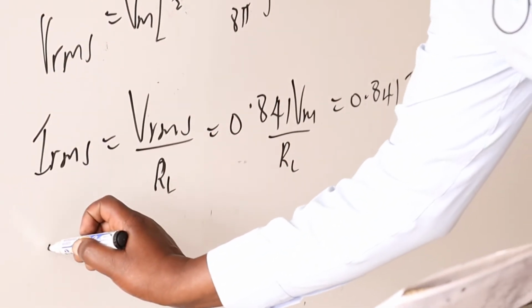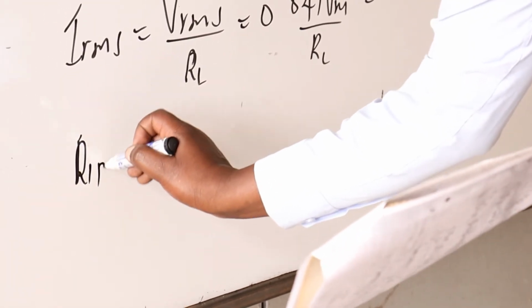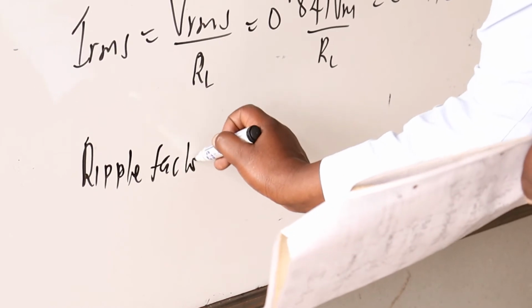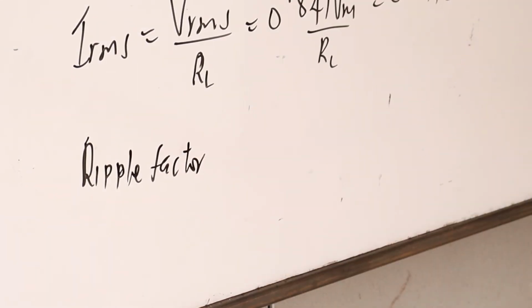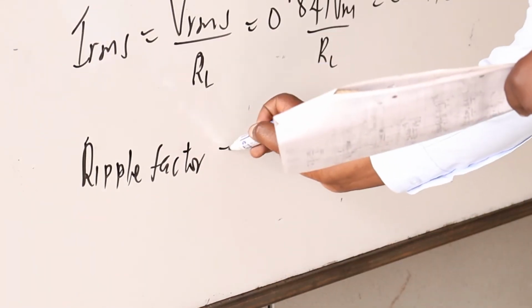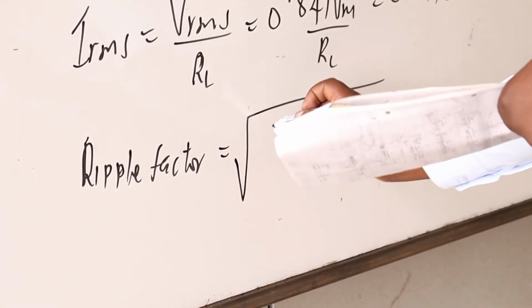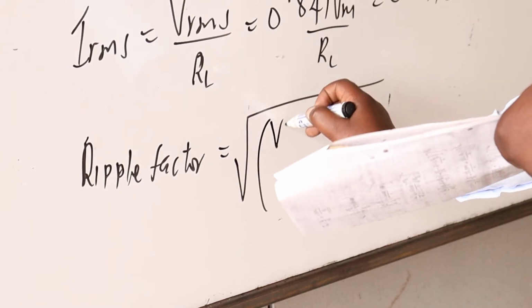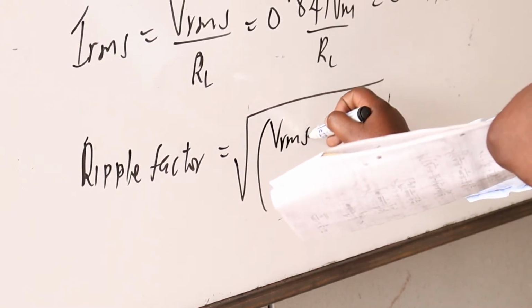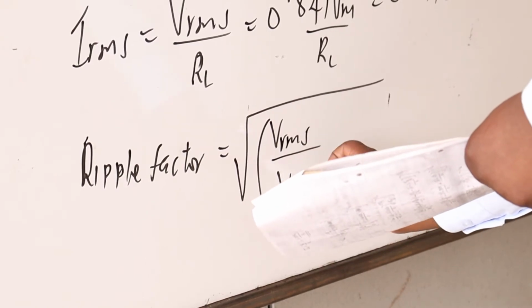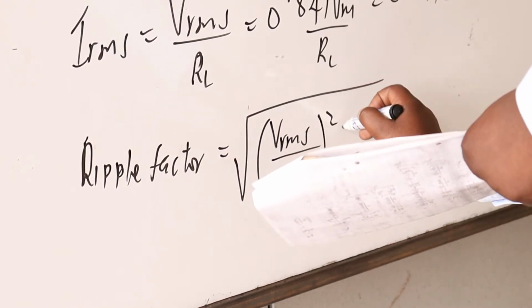Ripple factor, which is the square root of VRMS squared all over VDC squared minus 1.